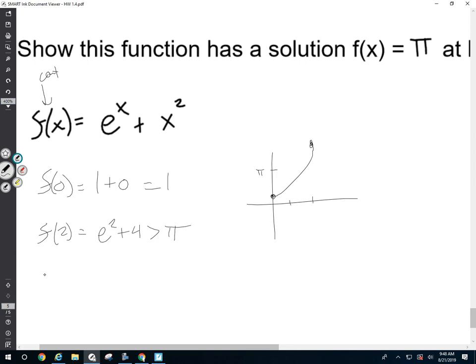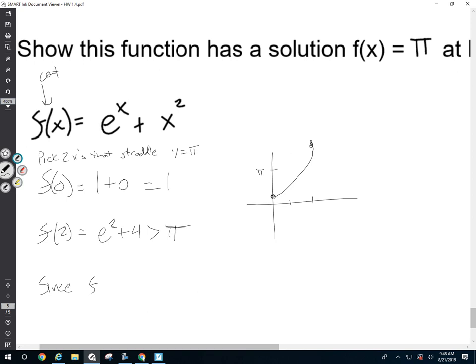So since, and here I'm just going to pick 2 x's that I'll say straddle y equals pi. And I easily pick 2.